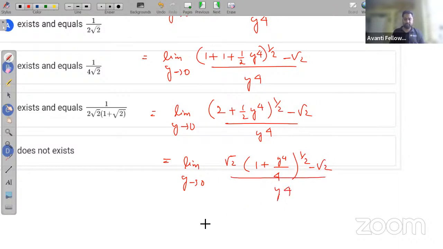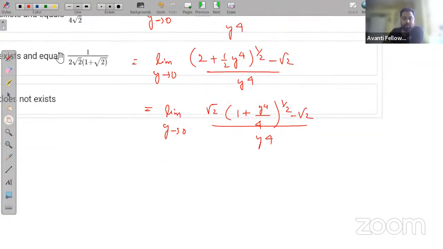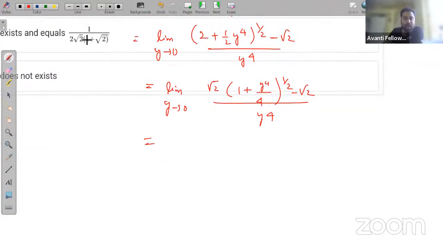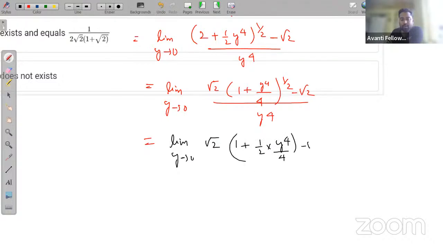Now you can use the binomial approximation easily. Yes or no? Yes, we can use it. So the limit as y tends to 0 of root 2 times (1 plus 1 by 2 into y to the power 4 by 4) minus root 2 by y to the power 4.